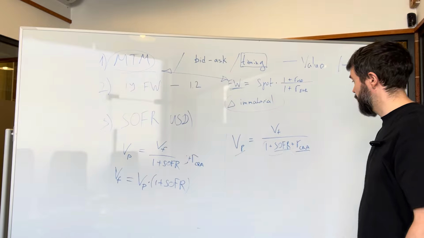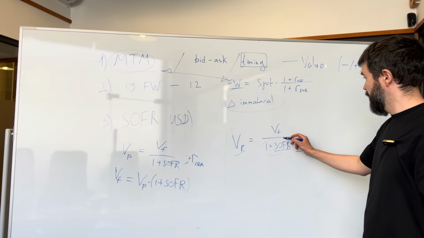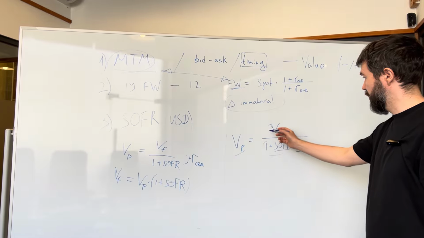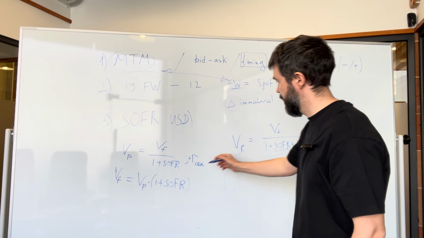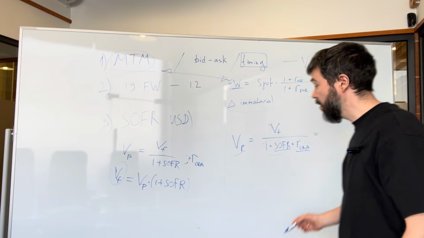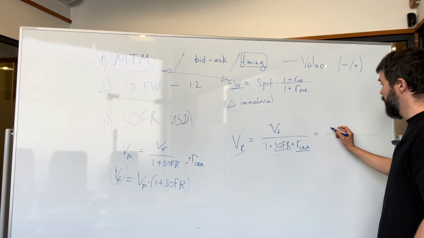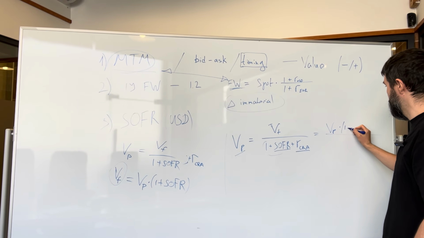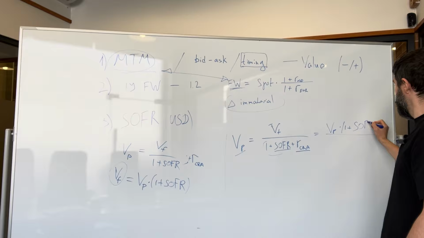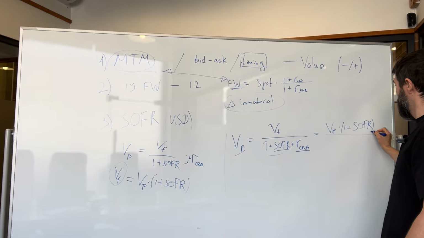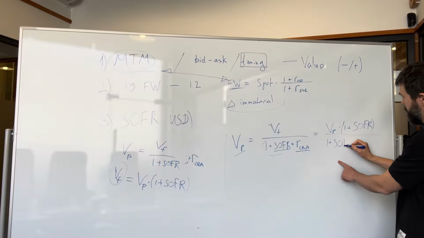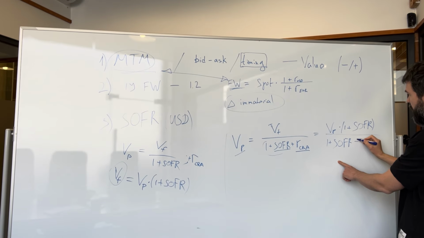It's publicly available information. And you just have to know what your future value is. That's simple. You already have it. Your future value you put on the top. So it's present value multiplied by 1 plus SOFR and divided by 1 plus SOFR plus your credit spread.